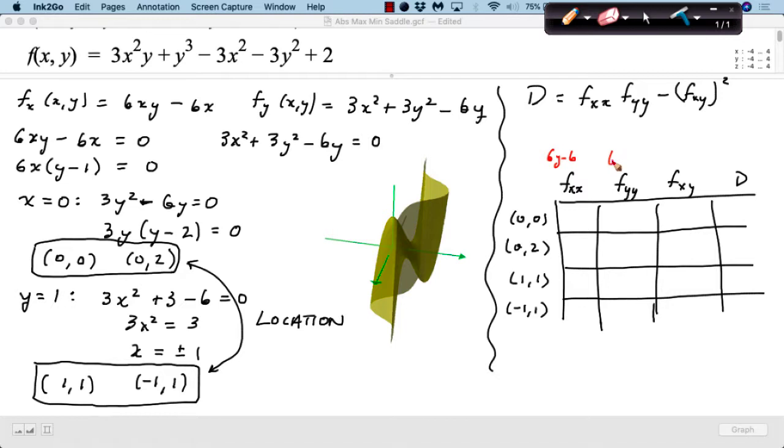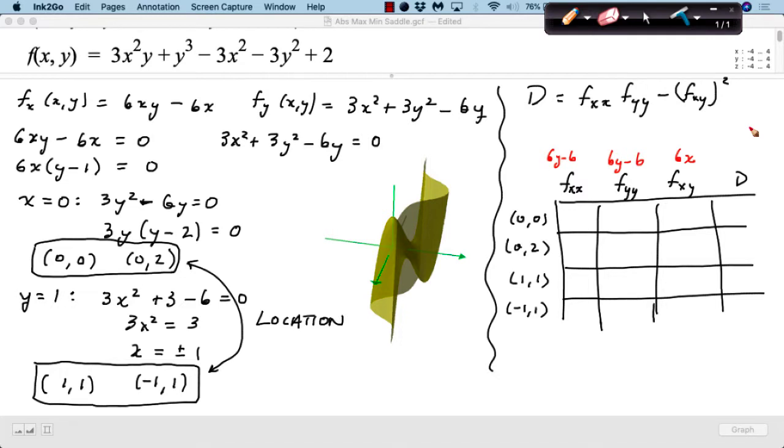That's not necessarily the case. And then fxy, just 6x? So again, did I do the math right? That's peculiar. It's just because of the symmetry of this function that those turn out to be the same.